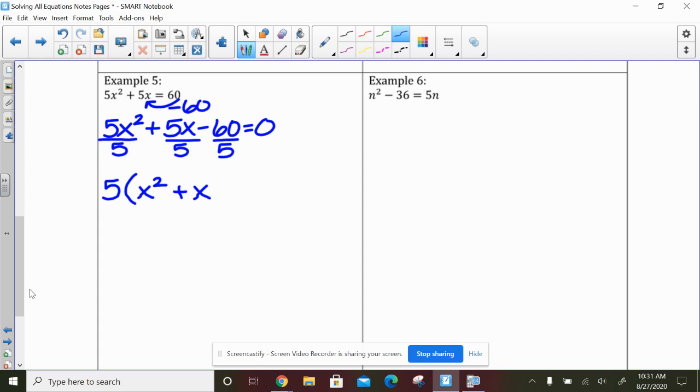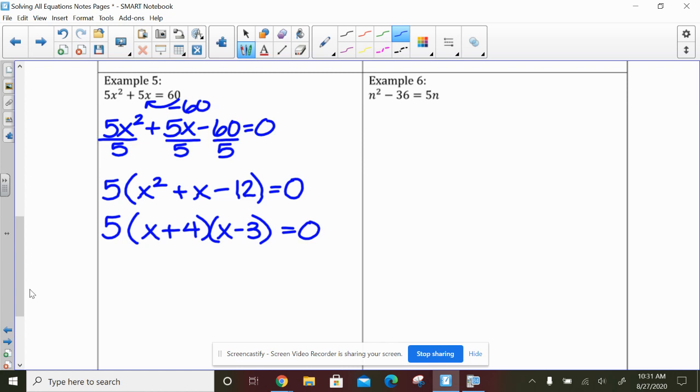And negative 60 divided by 5 will be negative 12. Okay, now I have a trinomial on the inside of that parentheses. I'm looking for factors of 12 that subtract to give me 1. Okay, so that's going to be x plus 4 and x minus 3.